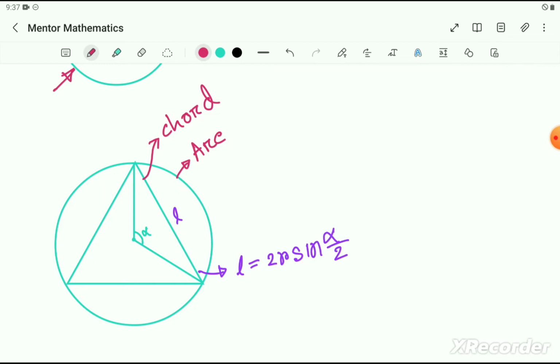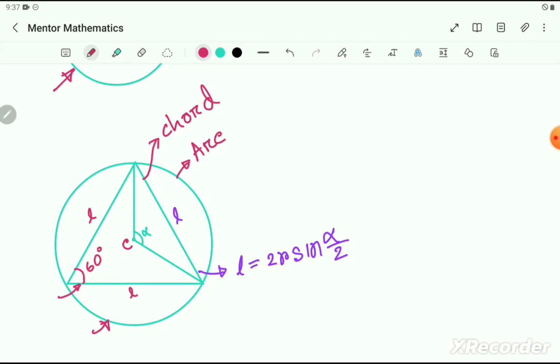The question said an equilateral triangle, and this triangle is inscribed, meaning drawn inside a circle. So it is inscribed inside this circle. The circle's center is C, for example, and as it is equilateral, the triangle has equal side length, which we denote by L, and equal angles.